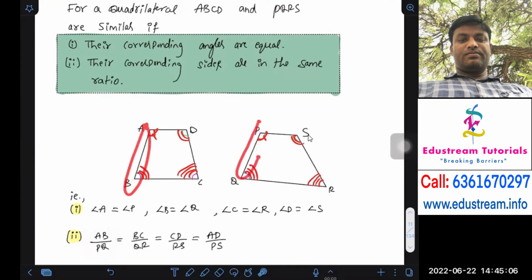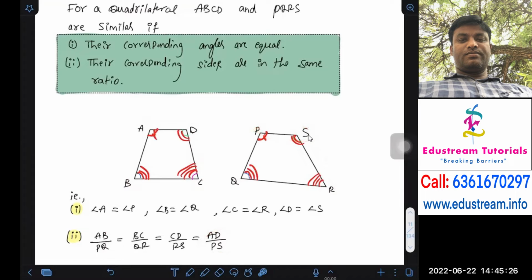So AB by PQ should be equal to the other corresponding side. What is the other corresponding side? BC by QR. Likewise, DC or CD by SR or RS, and then AD by PS.